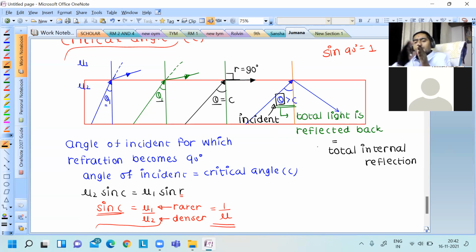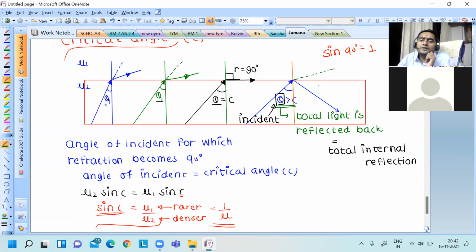But what happens if some of the light is refracted along with the reflection? That is called internal reflection. Some of the light is refracted this way and some of the light is reflected, so you have refraction as well as reflection.